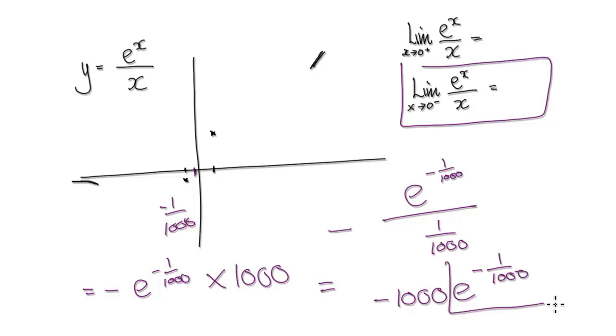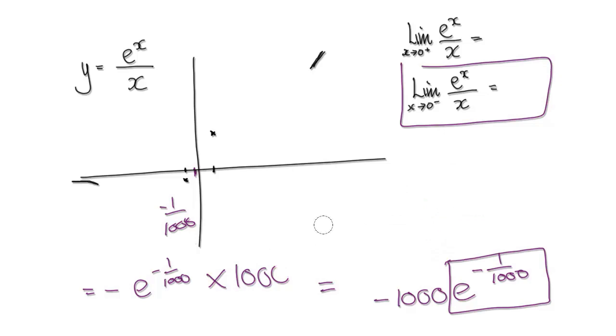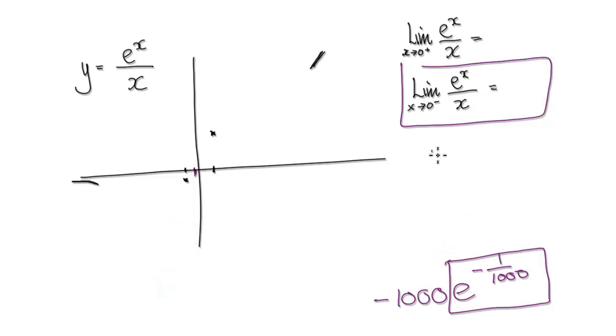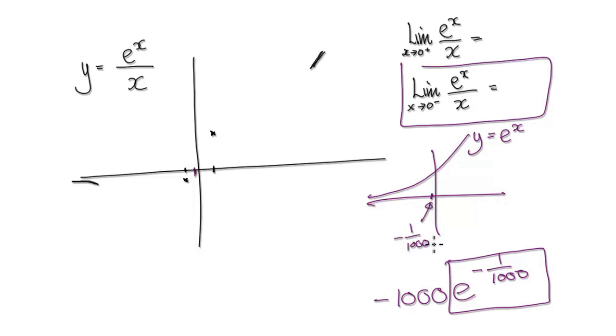Now let's try and understand this block here. If you look at the graph of y equals e to the power of x, just to the left of 0, this is negative 1 over 1000.